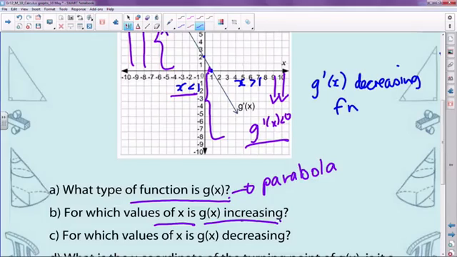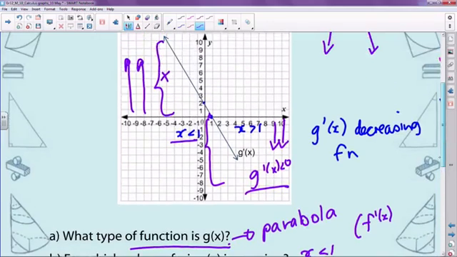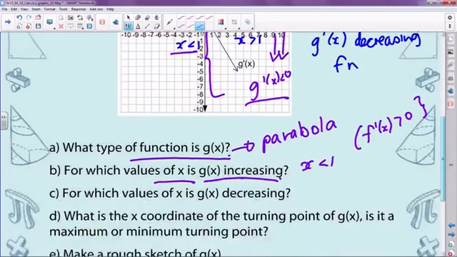Well, g of x is increasing when x is less than 1, because at that point, if you want a reasoning here, the function values of the gradient graph lie above the axis. So therefore, my gradient is positive when x is less than 1.